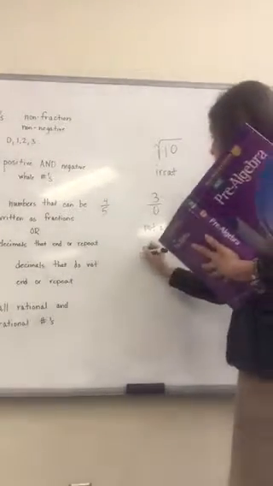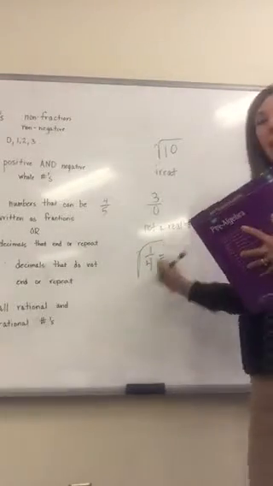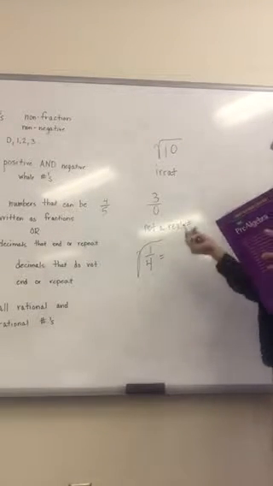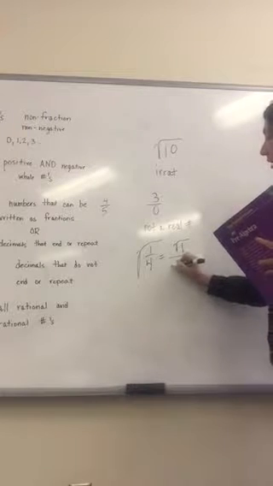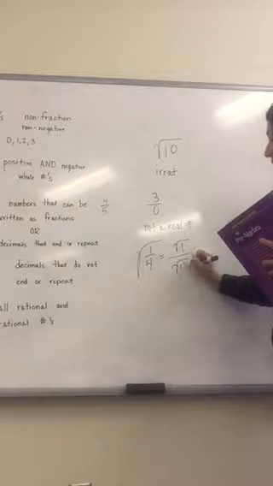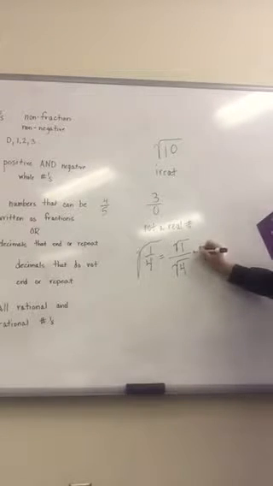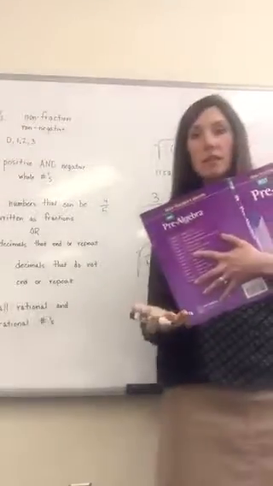The next example is the square root of 1/4. Now, we haven't talked about this yet. Let's look at it. When we have a square root sign that involves the whole fraction, we simply can put the square root over the top, the numerator, and the square root or the radical sign over the bottom, which is the denominator. And then we treat them independently. We find the square root of 1, which is 1. It's a perfect square. 1 times 1 equals 1.